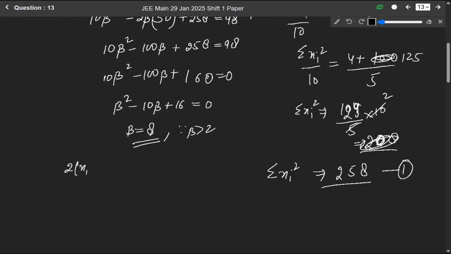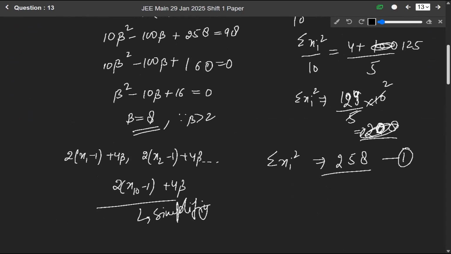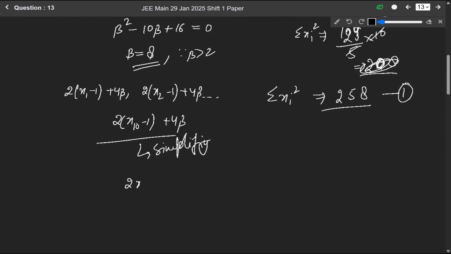We can simplify this as 2x1 plus 4 beta, and beta is 8. So it will be 2x1 plus 30, 2x2 plus 30, up to 2x10 plus 30.